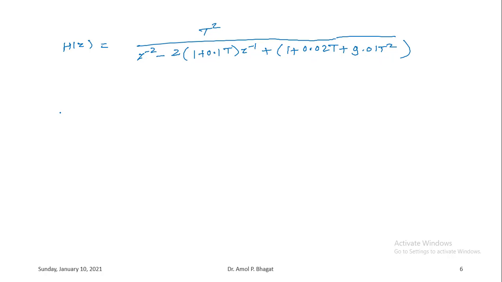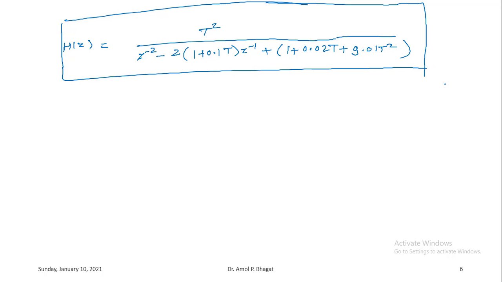So again, if you try to simplify it, you can substitute capital T = 1 second in the given equation, and you can identify the final equation for this simplified system function. You can find out the final value of H(z).